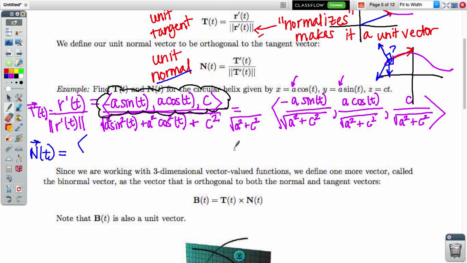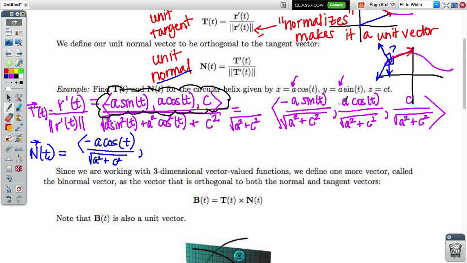So I just need to differentiate the top of the first component, which is going to give me negative a cosine of t, and then I'll leave the denominator alone because that's just all a constant, so a squared plus c squared.